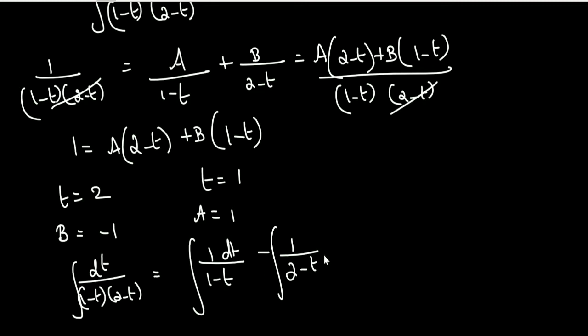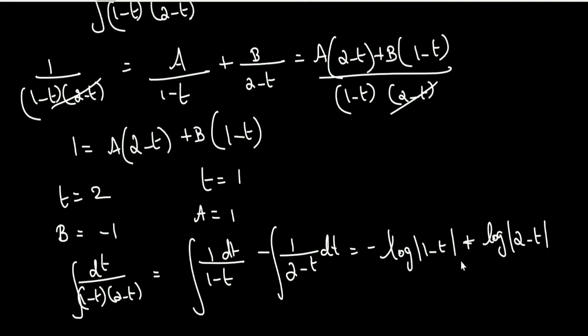Integrate now. 1 by 1 minus t is log 1 minus t, but the coefficient of t is minus 1, so divide by minus 1. Minus 1 by 2 minus t is log 2 minus t. The coefficient of minus t is minus 1, so this will become plus.